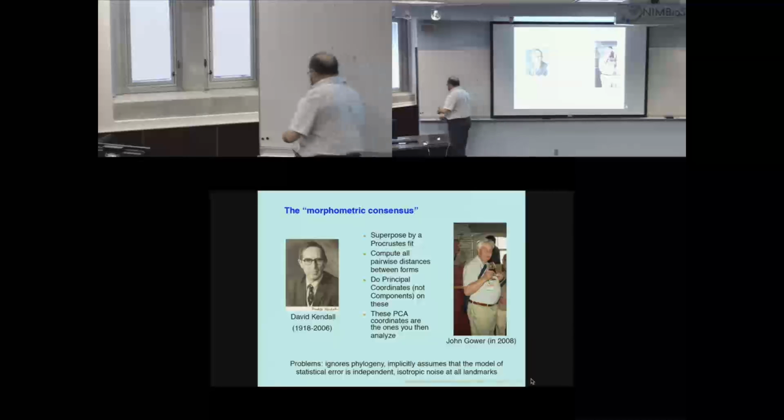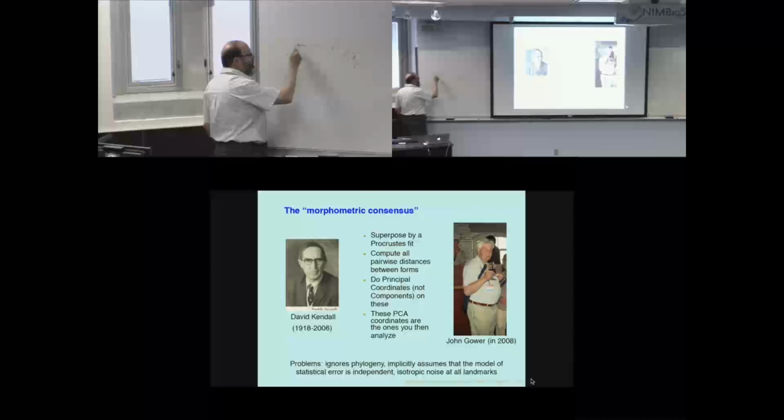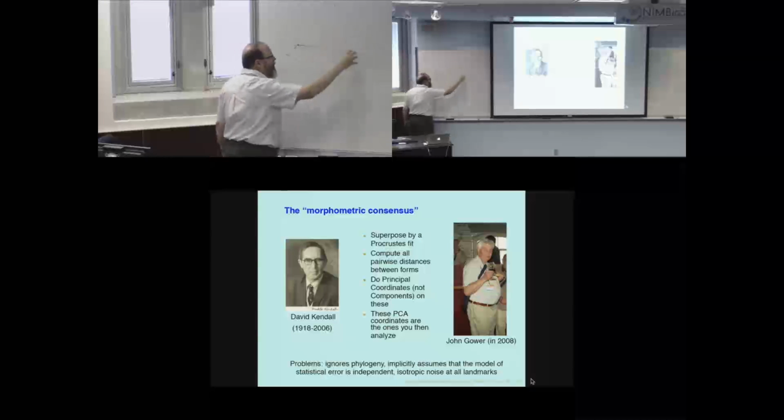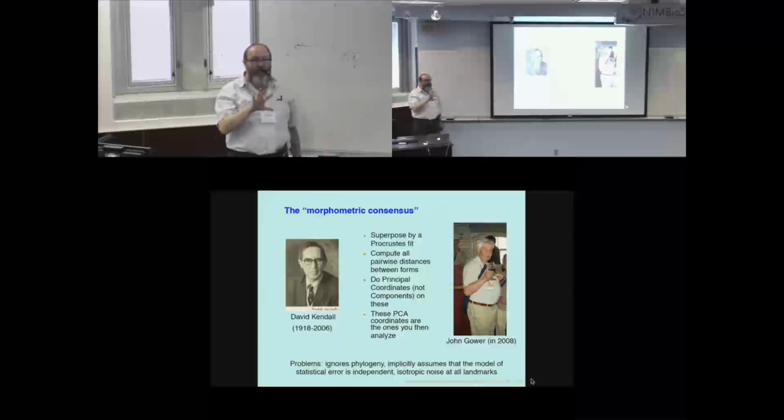So we have a specimen, we look at this point and we say, well, different measurements of the specimen will differ because there will be a circularly symmetrical isotropic bivariate normal distribution, meaning there will be error in X and error in Y, and they won't be correlated with each other. And this error will be the same at every point and all independent from each other. So it's a simple model of measurement error.